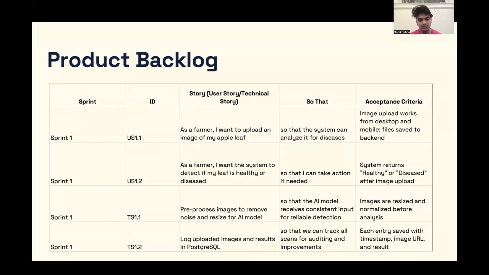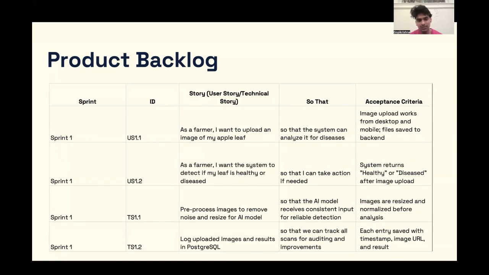And the quick diagnosis: once the image is uploaded, the system analyzes the leaf and tells the farmers whether it's healthy or diseased, giving them instant feedback so they can take action if necessary. Preparing the images for AI analysis ensures accurate detection.